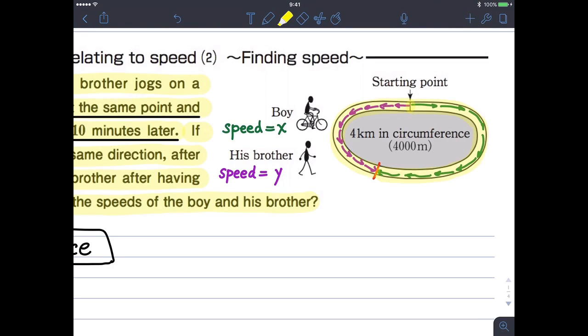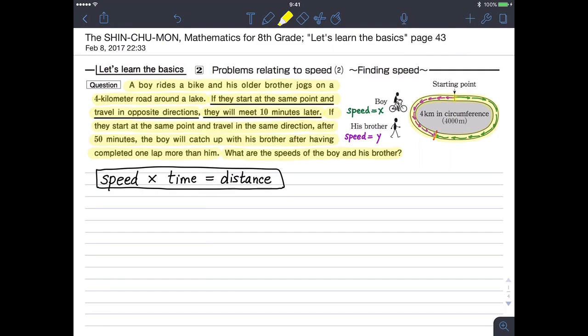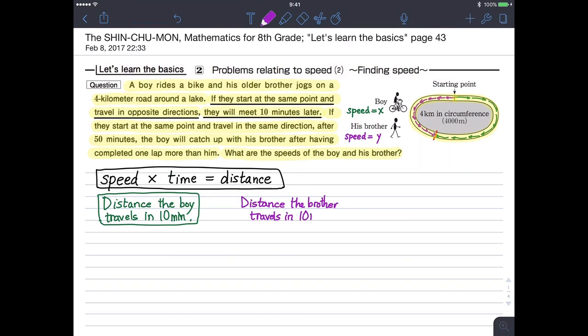So another way to represent that would be to write the distance the boy travels in 10 minutes, add that to the distance that his brother travels in 10 minutes, and that will be equal to the total distance around.